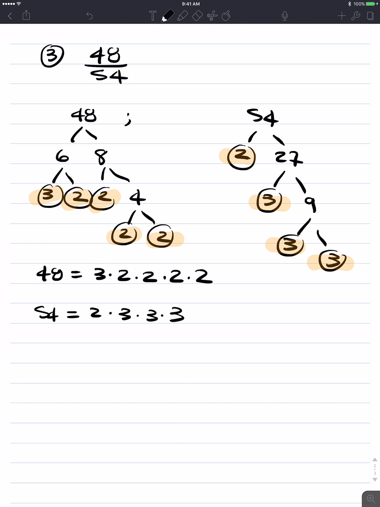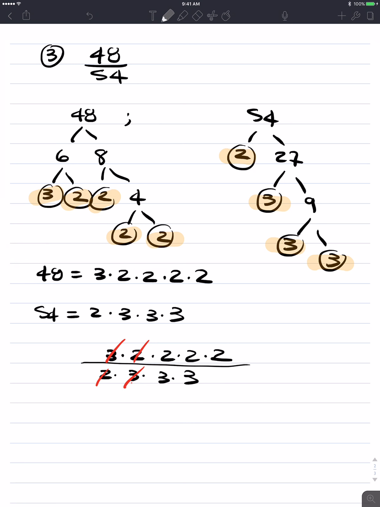I'm now going to replace 48 with 3 times 2 times 2 times 2 times another 2, and 54 with 2 times each one of these 3's. I'm going to cancel. Notice there's nothing left to cancel. I can only get rid of that 3 that's on top and on bottom, the 2 that's on top and on bottom.